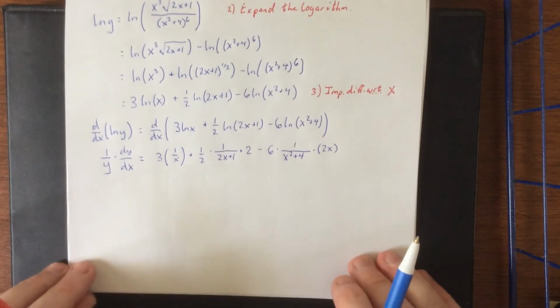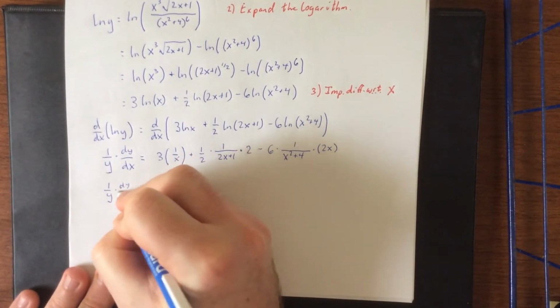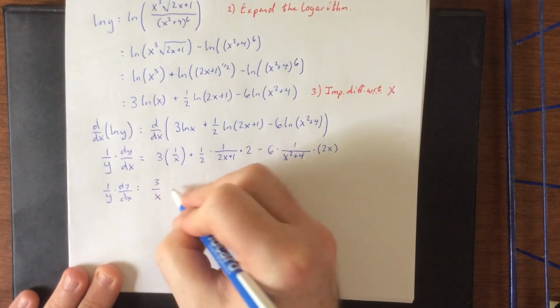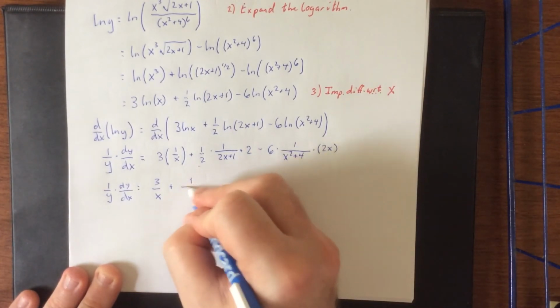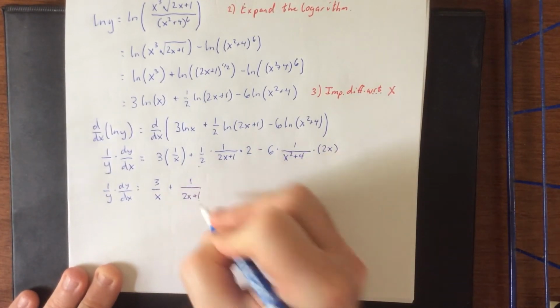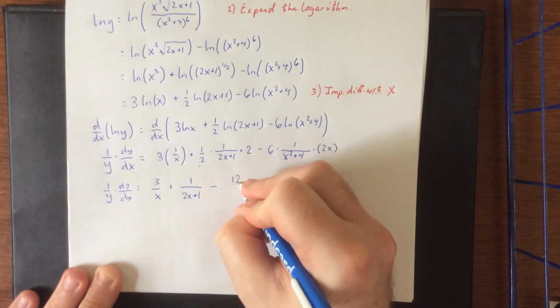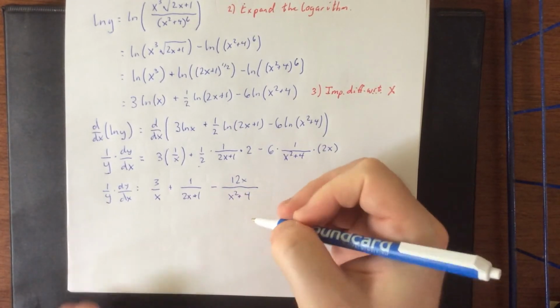At this point, there's a lot of algebraic simplification that can take place, and I will do so. We'll call this 3 over x plus, on the second term we can cancel the 1/2 with the 2, so this will be 1 over 2x plus 1, minus, we can take the 6 and the 2x and put them together in the numerator as 12x over x squared plus 4.